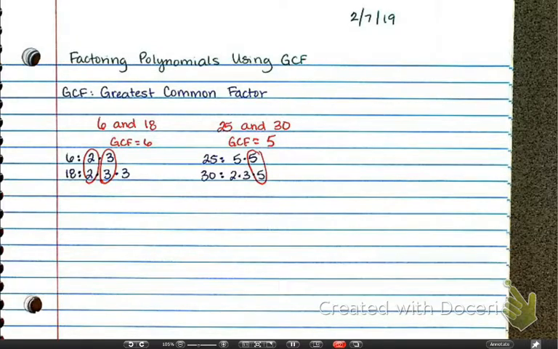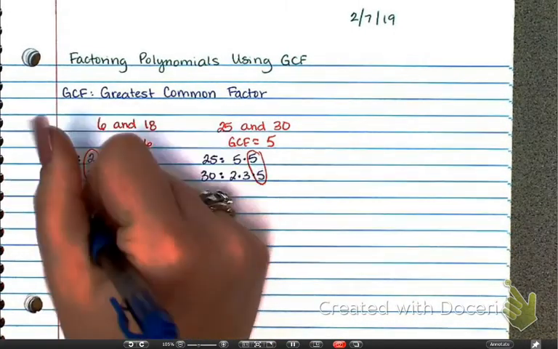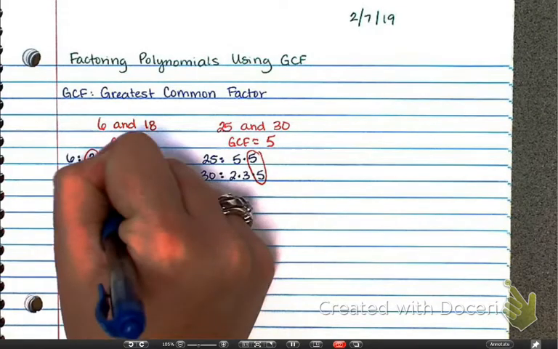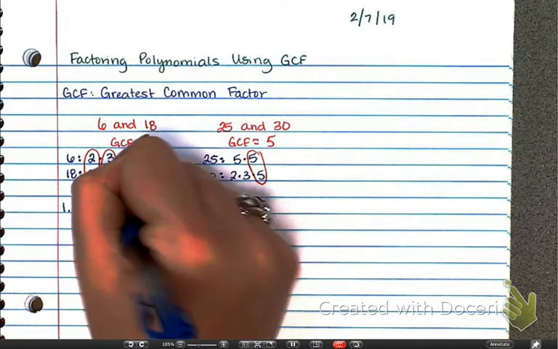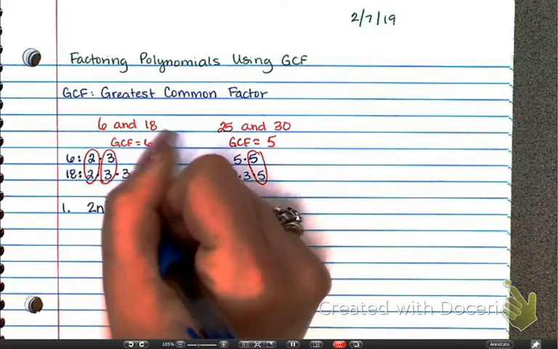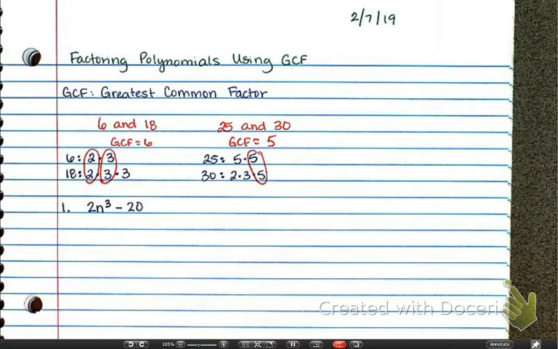We remember all that? Because now I'm going to throw in some pluses and minuses and variables. All right, here we go. Actually, don't copy that yet. We're going to break this down even more because I want to be really good at this.